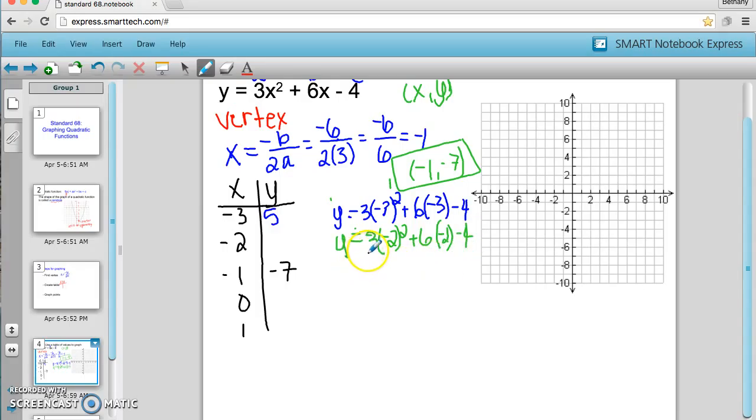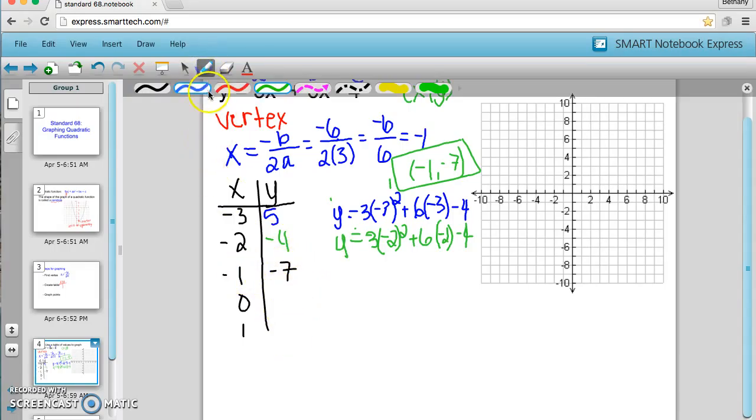We put this in our calculator, 3 times -2 squared plus 6 times -2 minus 4. Either type that in your calculator or do it by hand. When we do that, we should get a -4. Okay, so now I need to continue. I already have my vertex at this point. Now I need to continue to find the rest of these points.